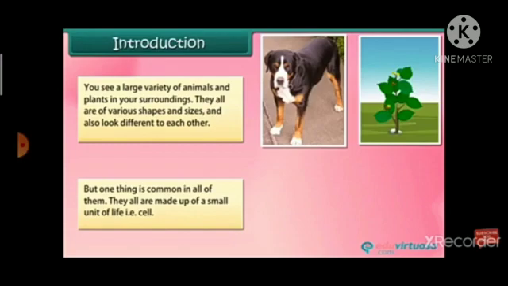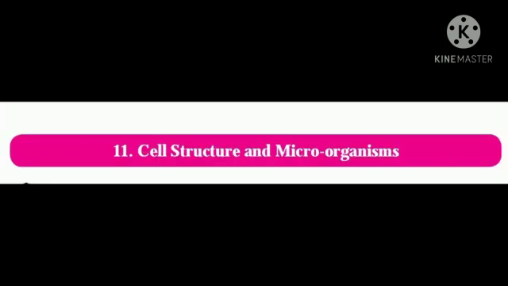But one thing is common in all of them. They are all made up of a small unit of life that is called cell. With this you understood which chapter we are going to learn. The chapter number is 11 and the chapter name is Cell Structure and Microorganisms.